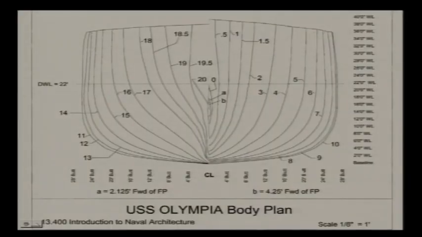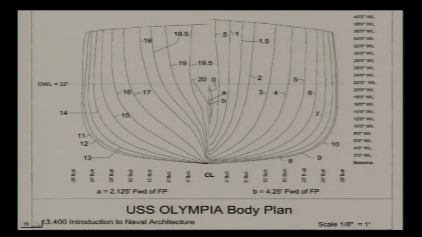So, station 0.5, 1, 1.5, then 2, 3, coming from the front. This is the frontmost region, and around this region is the center of the ship. This is station 10, then this is the center again, 11, going inside, meaning going behind to the aft, until it reaches station 20. This is the general arrangement.